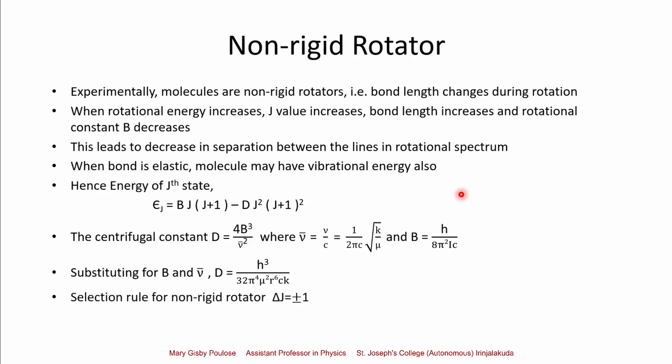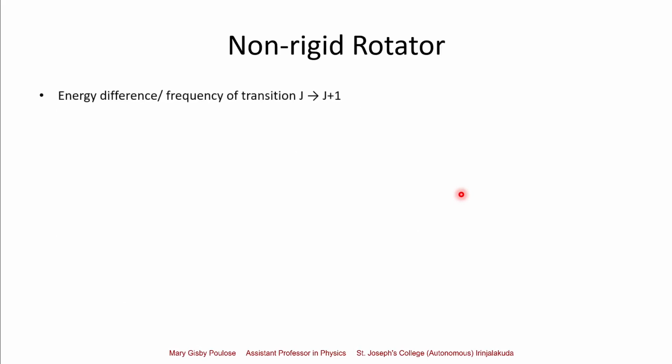Again, the selection rule here is that the change in J, that is delta J, is equal to plus or minus 1, same as for the rigid rotator. Thus, the energy difference between these energy levels, the frequency of the transition from J to J plus 1, in terms of wave number, is calculated from E(J plus 1) minus E(J).